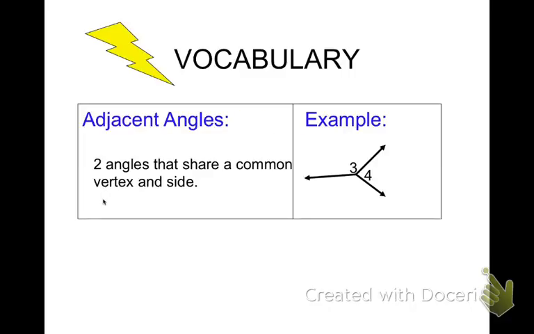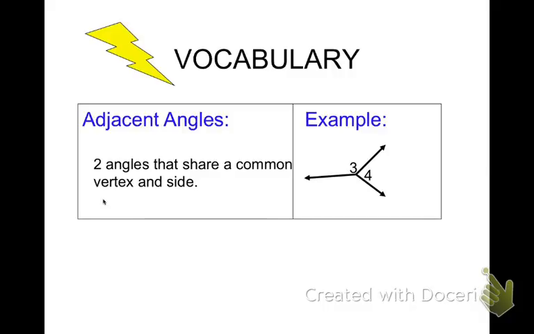Now, adjacent angles. Think about if someone is adjacent to you, they're probably next to you. So adjacent angles are two angles that share a common vertex and a side.